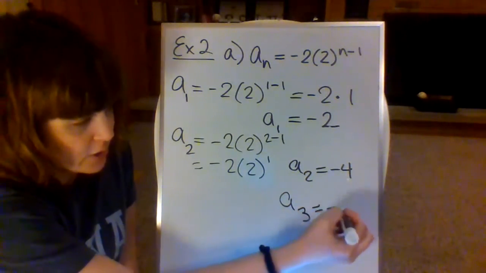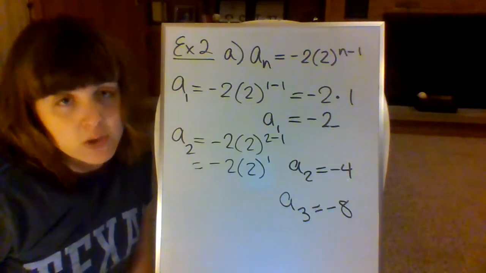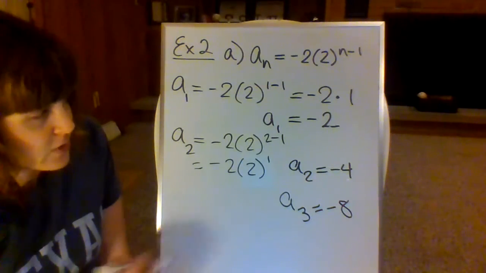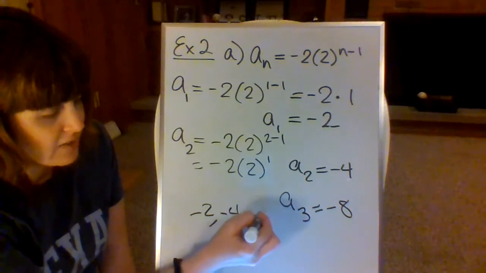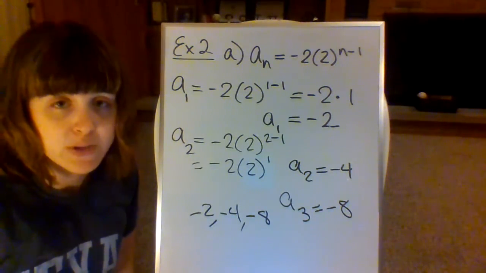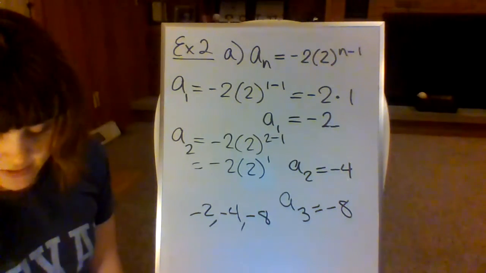And if you check out your notes, I did it the long way and I still got negative 8. So that's right, we've done it. Okay, so the first three terms would be negative 2, negative 4, and negative 8. And on your form, you can just type those three numbers. You don't have to type anything else. Okay?